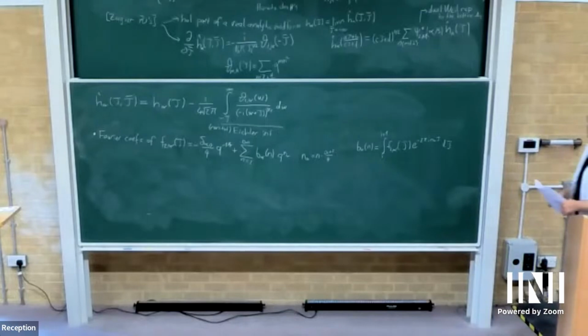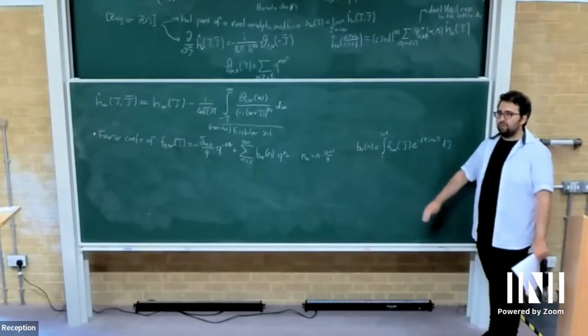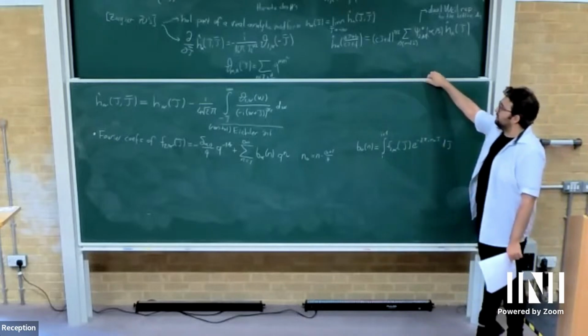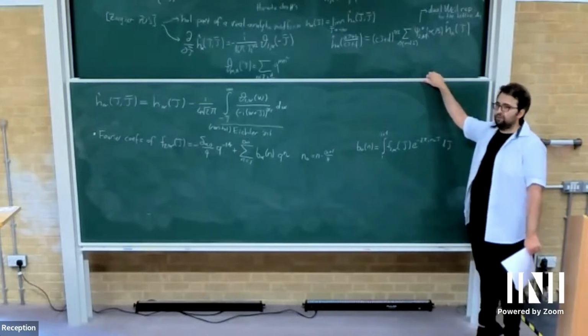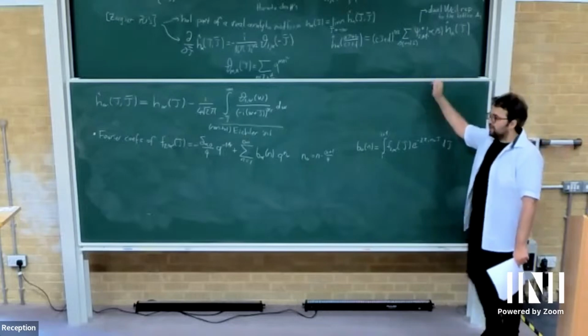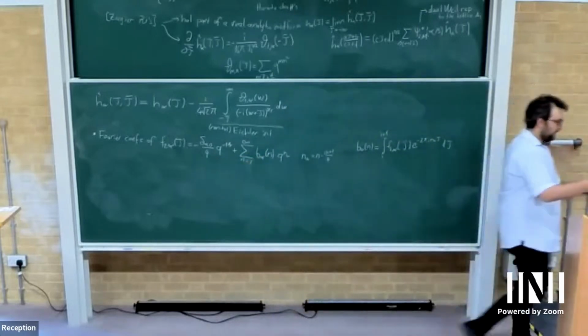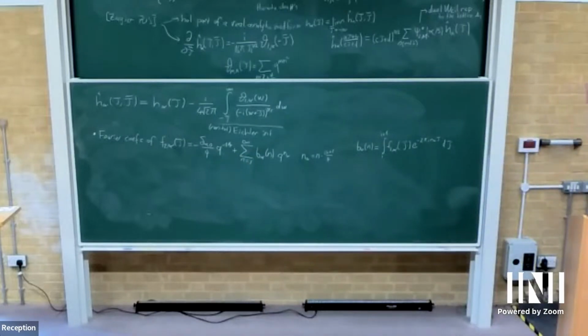Now, SL2Z, remember, acts like eta goes to (a eta plus b) over (c eta plus d). So it relates infinity to rationals. So the exponentially growing behavior near infinity here would be cast into exponentially growing behaviors near the rationals now.